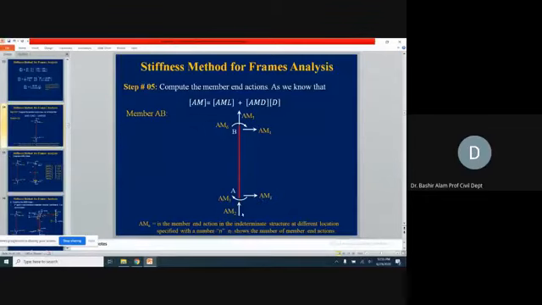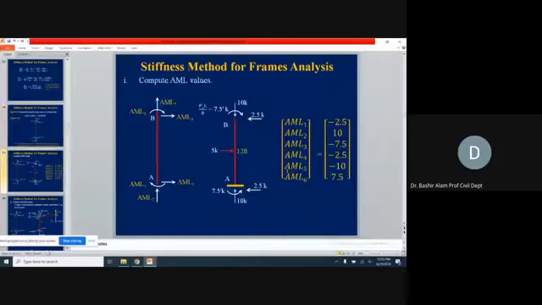So AM1 is horizontal, again rightward, upward, and clockwise I am taking positive. So AM1, 2, 3, 4, 5, 6, all these. Now I'm labeling this accordingly. AML will be labeled accordingly, and AMDs will be labeled accordingly, and accordingly the values will be picked from their previous locations now.